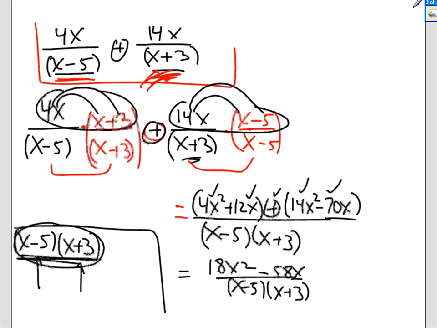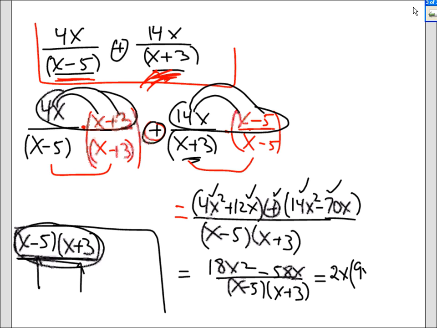Now the thing is, after factoring out the numerator, which I'm about to do, if we get an x minus 5 factor or an x plus 3 factor, we can cancel them out. But we won't see that if we multiply out the bottom. Okay, 18 and 58, I guess only 2 goes into it, 2x.